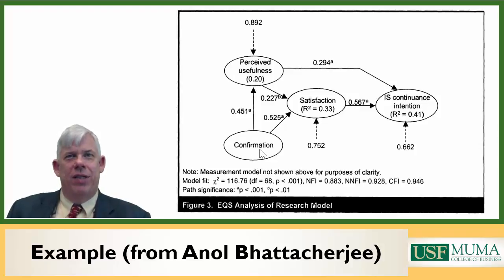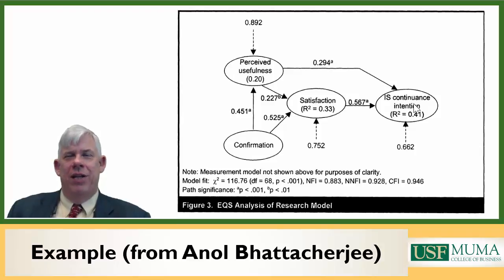Confirmation, essentially evidence that what we're doing actually makes things useful, contributes to perceived usefulness. In other words, if we're getting confirmation that the system's useful, that contributes to perceived usefulness in a big way, and it also contributes to satisfaction, both of those at a high significance.